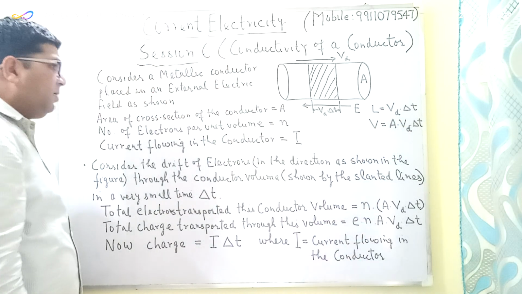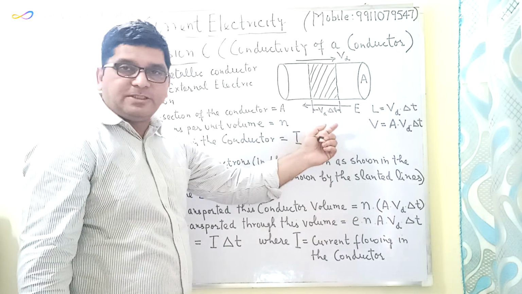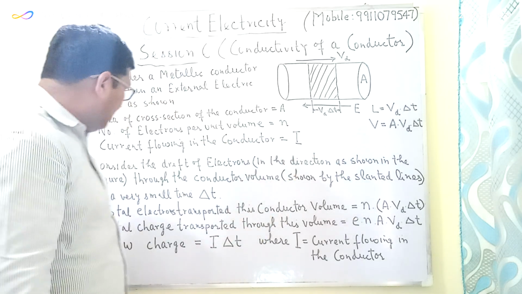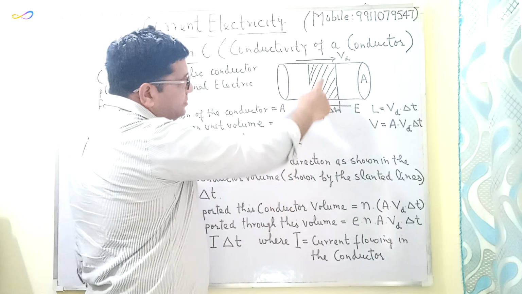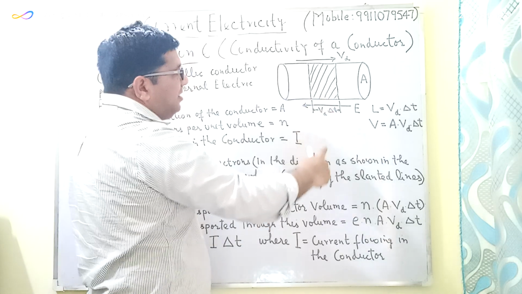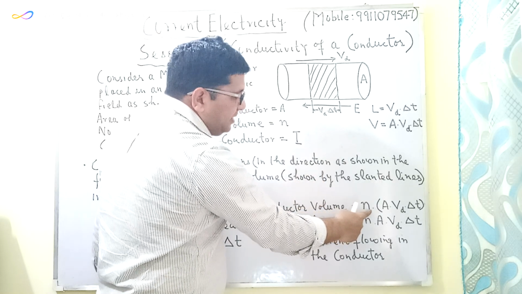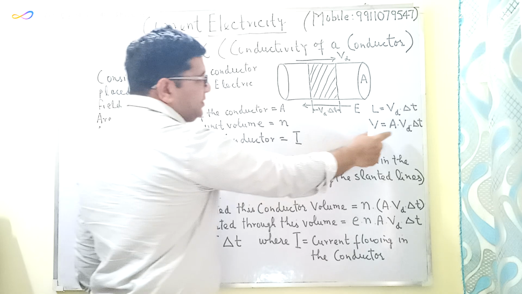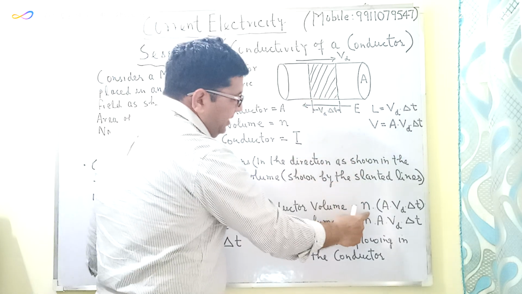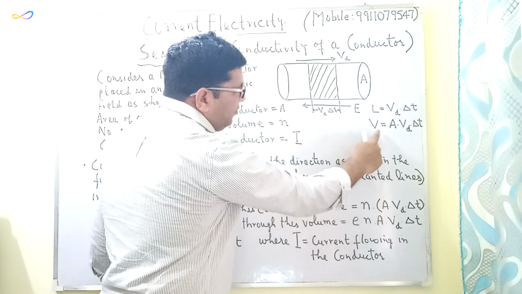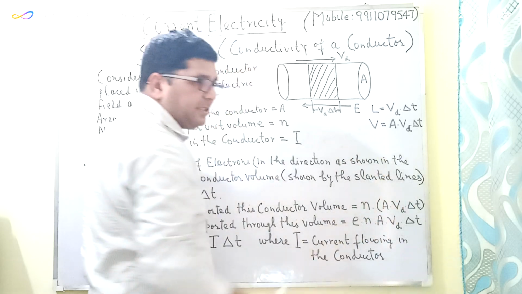Now, since the number of electrons per unit volume is n, the total number of electrons transported through this portion of the conductor is equal to n, the number of electrons per unit volume, multiplied by the volume of this portion, which is n A Vd delta t.